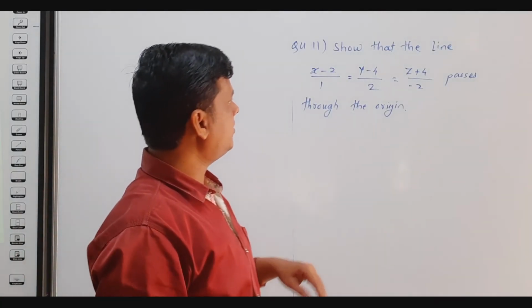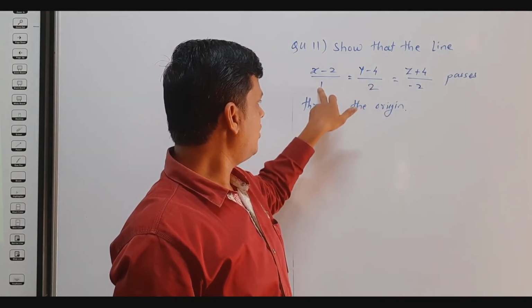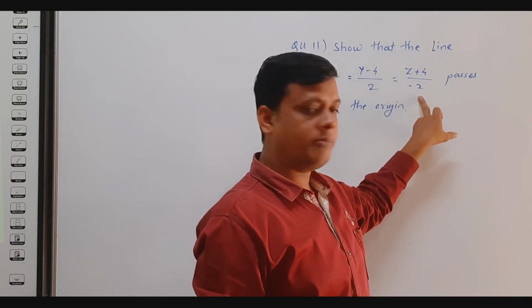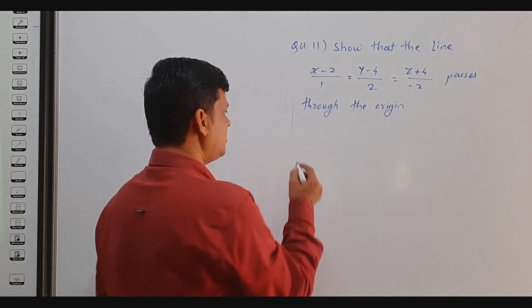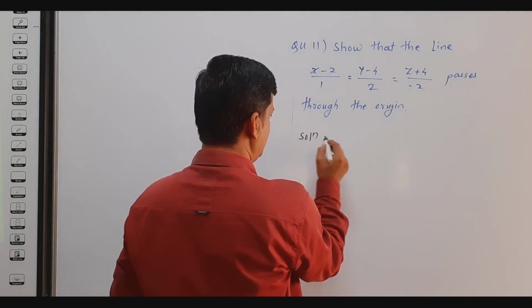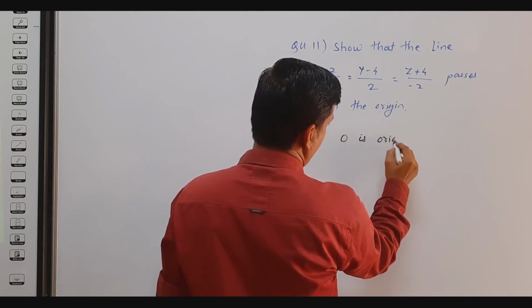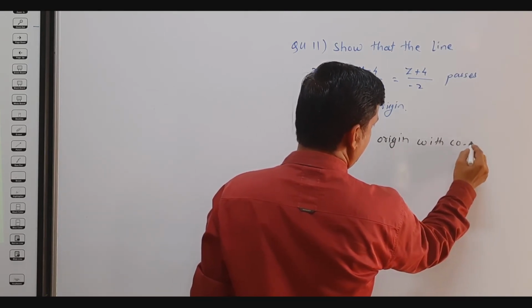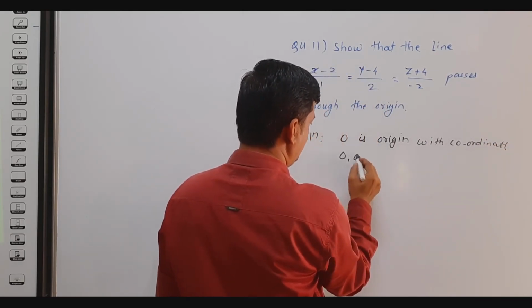Now see question number 11. Show that the line x minus 2 upon 1 equals y minus 4 upon 2 equals z plus 4 upon minus 2 passes through the origin. So we consider here origin as O, with coordinates 0, 0, 0.